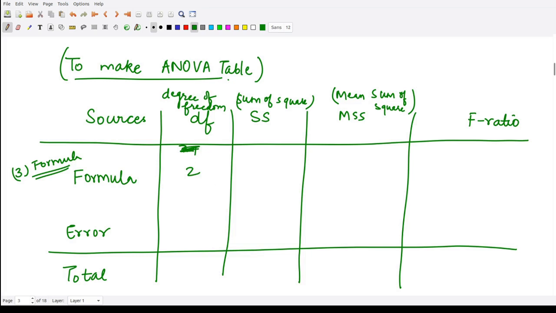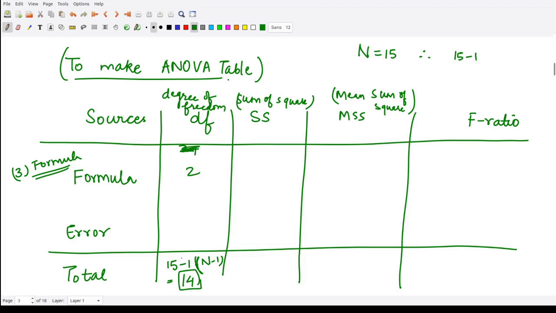Because your capital N is equal to 15, the total degree of freedom would be 15 minus 1, that is N minus 1, which is equal to 14. And what is the error quantity?